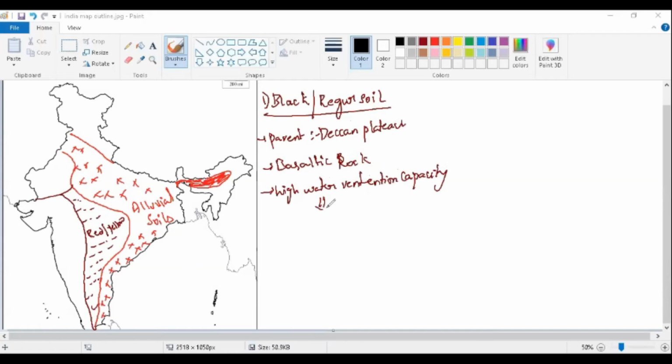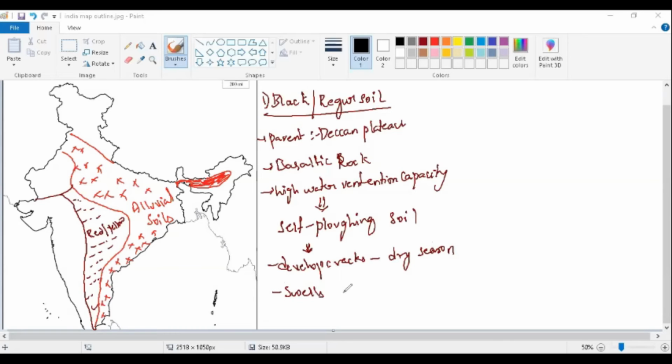And because of this, it has a unique feature which makes it a self-ploughing soil, because it develops cracks during the dry season, whereby air enters into depth, fine, and it swells by absorbing water in the wet season.